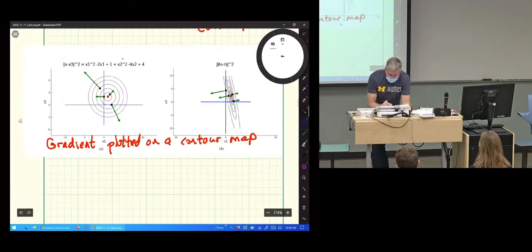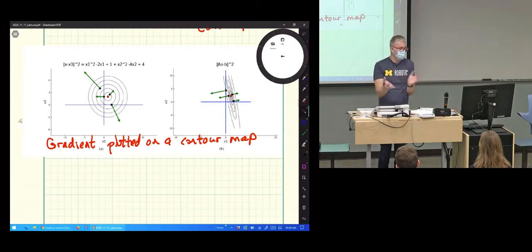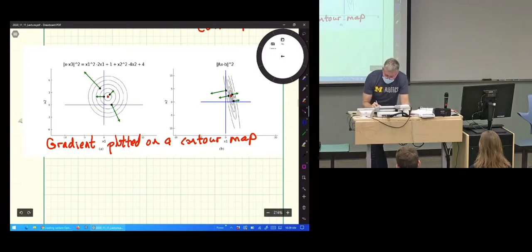So if it just circles, no matter where you are, you go normal to the circles. It's got all this symmetry, and that's just because they're just circles. Here's a more typical case where it grows much faster in one direction than another.